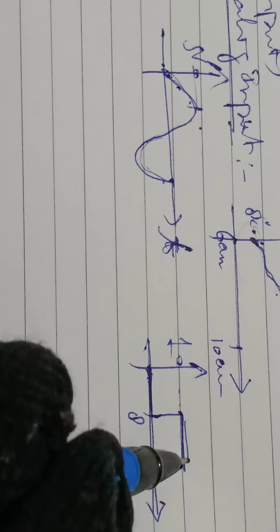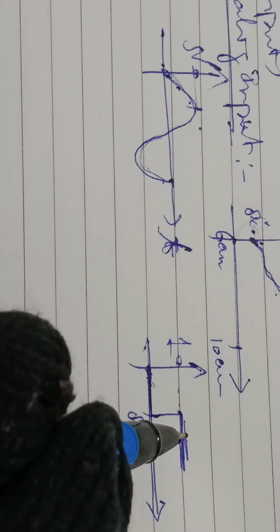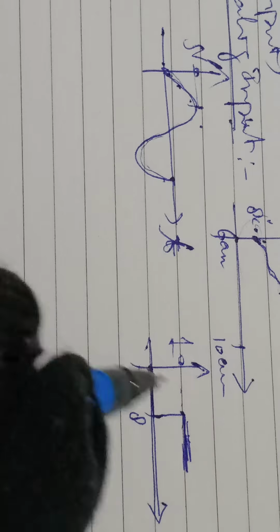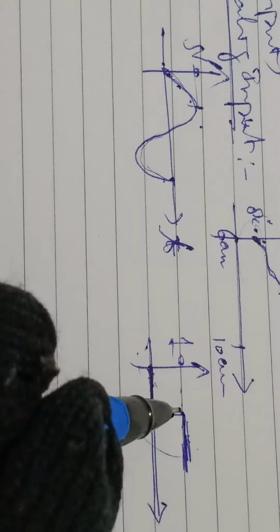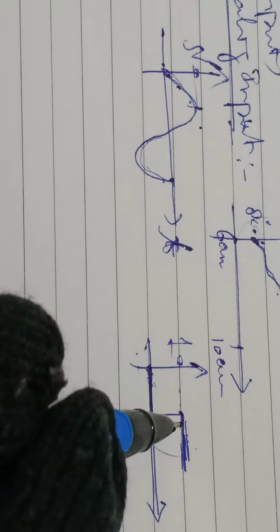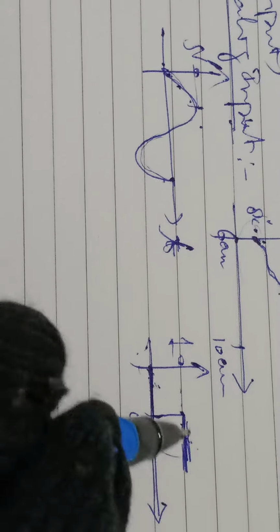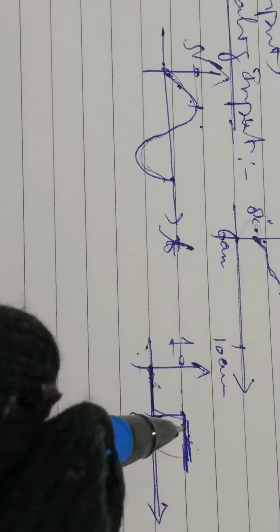So in this representation only two levels are possible, 0 and 1. This type of representation of signal is called a digital signal. So a digital signal means a signal which is represented by some definite number of values. Here only two values, then it will be called a digital signal.